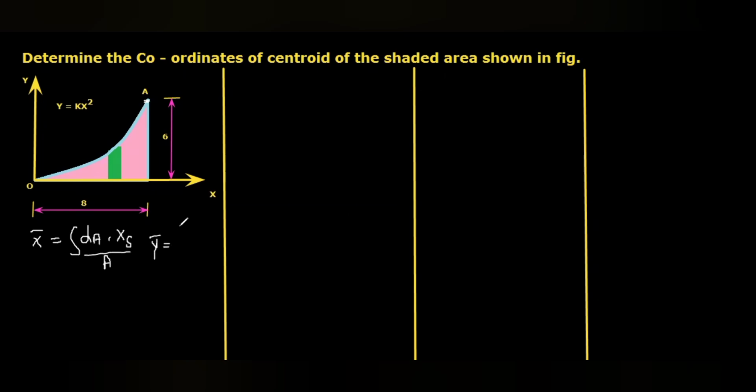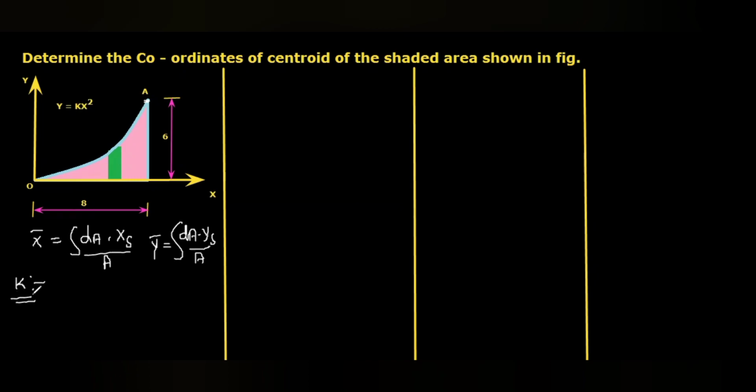Same, y bar equals integral of dA ys divided by the total area. So here first we have to find the area. For that, we have to find the unknown constant k that we are going to find.